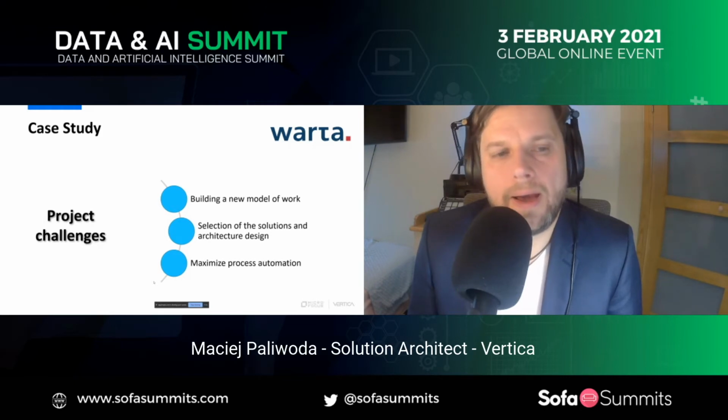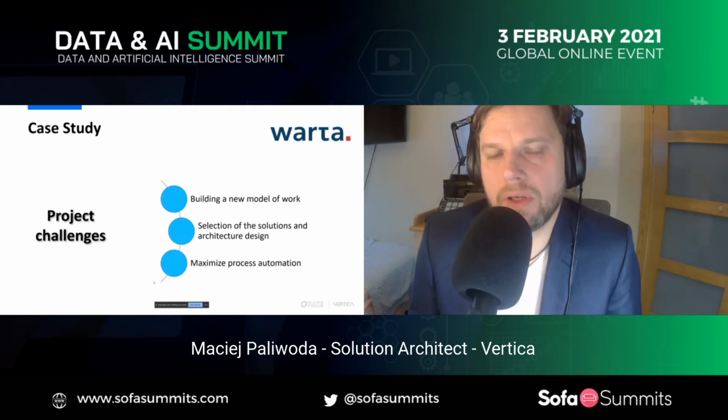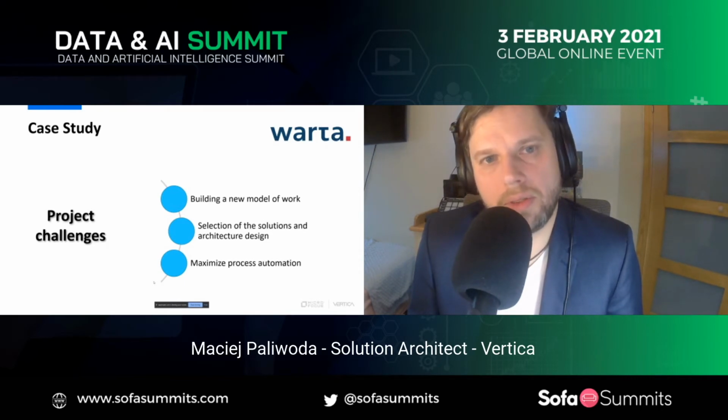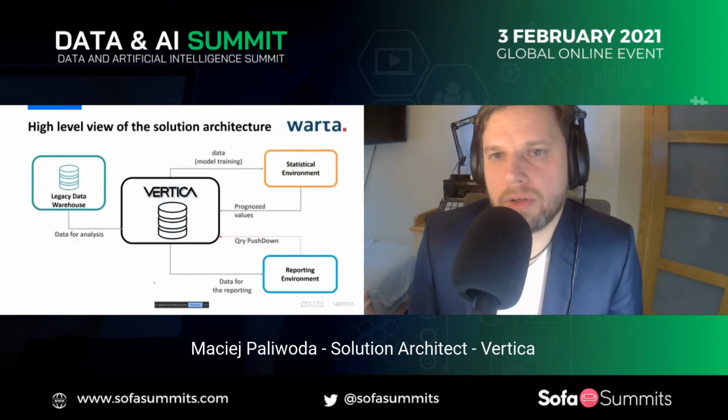Then another challenge was how to properly design the architecture and select the right tools to make it work properly and efficiently. And then when the solution is moved to production, how to automate the whole process. Those were the 3 main challenges of the project. The high-level architecture is presented in this particular slide.